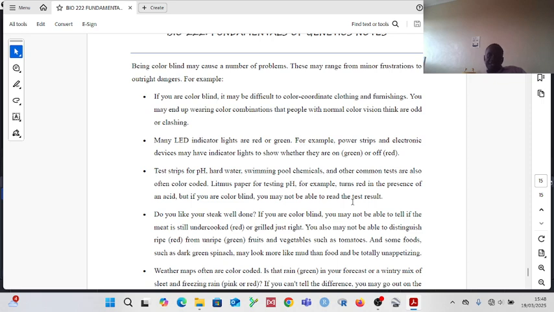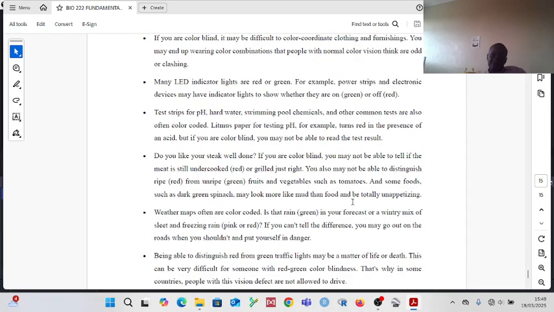Akivaa hii nguo anataka aweke na hii, red iende na hii. But if you are not able to distinguish between those colors, then you are likely to do what people call color clashing. Then many other things, like traffic lights, kuna red, kuna green. If you are not able to differentiate between those two, then you don't know when to go and when to stop. And many, many other examples.